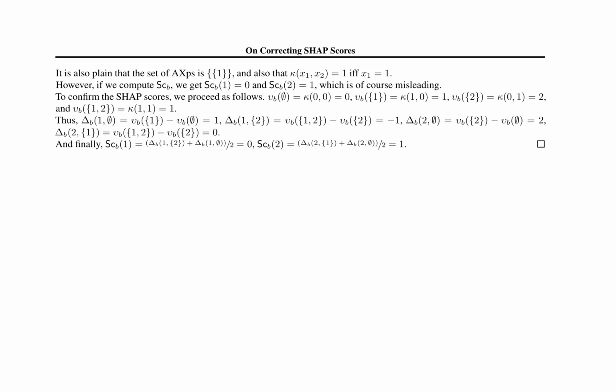Subsequently, the increment values are calculated as Δb(1, ∅) equals υb({1}) minus υb(∅) equals 1, Δb(1, {2}) equals υb({1, 2}) minus υb({2}) equals 1, Δb(2, ∅) equals υb({2}) minus υb(∅) equals 2, and Δb(2, {1}) equals υb({1, 2}) minus υb({1}) equals 0.